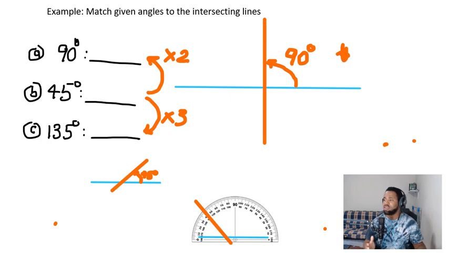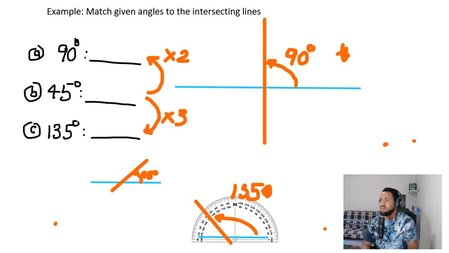Remember this, because these are a couple of key things to remember when dealing with angles like this. There are some angles that do relate, like for example this angle here. If this space shown is 135 degrees, let me change the color of this. So 135 degrees.